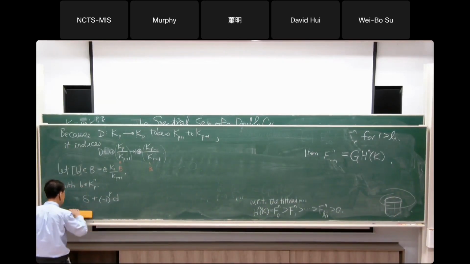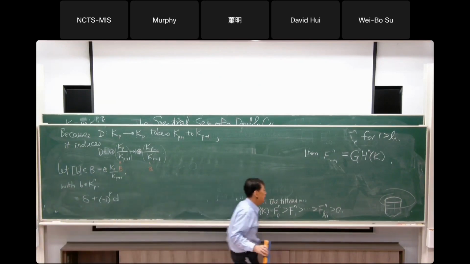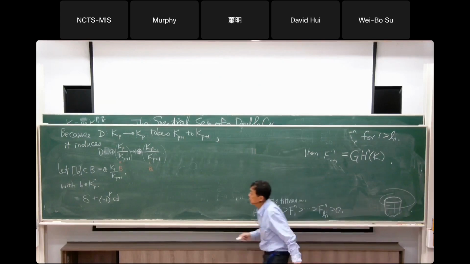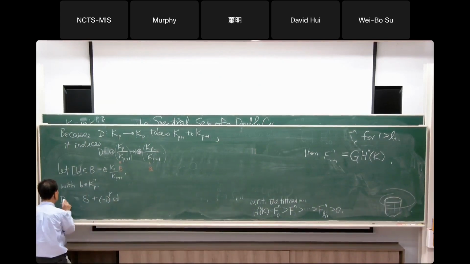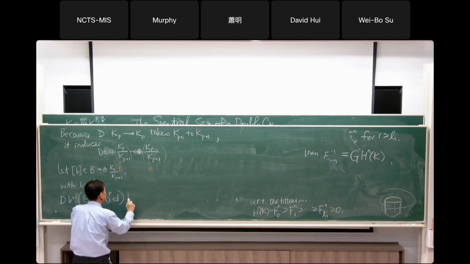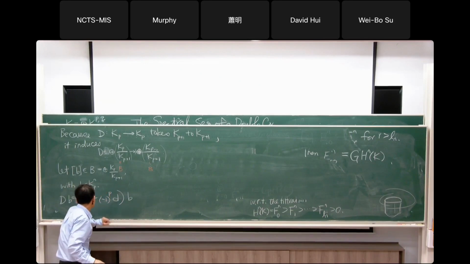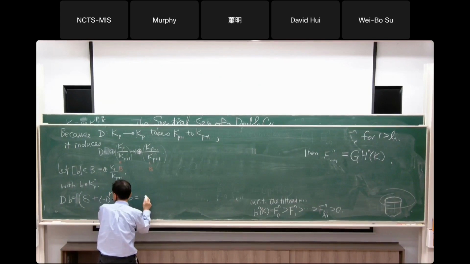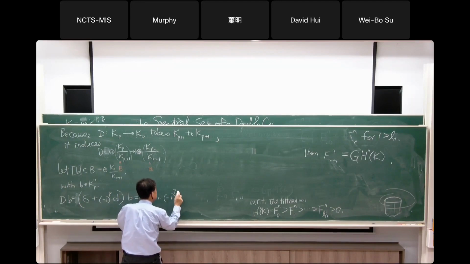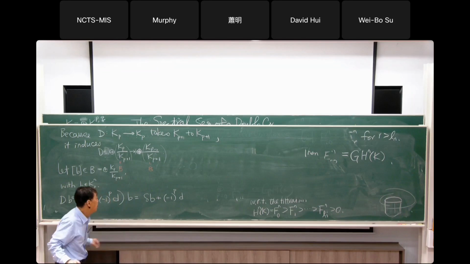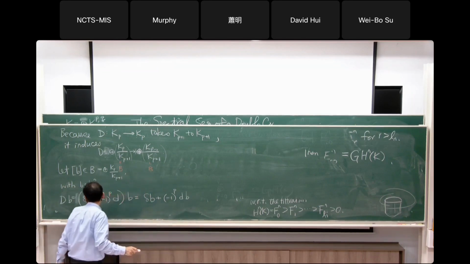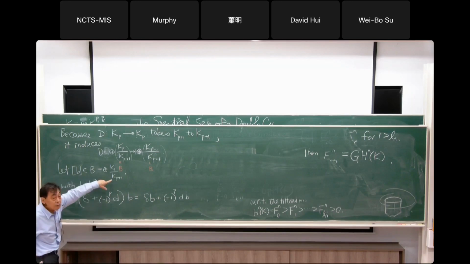It is delta b plus minus 1 to the p d b, and then we take the equivalence class in the quotient.